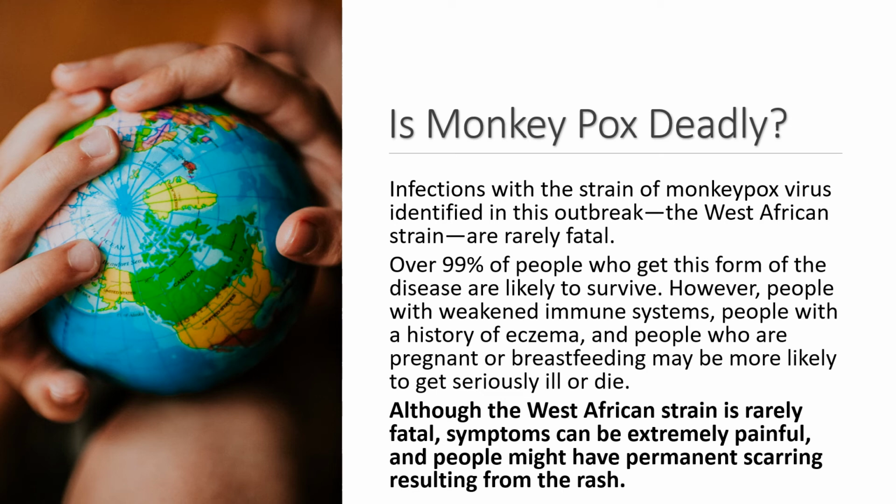Our emergency management procedures must include people with weakened immune systems, people with a history of eczema, and people who are pregnant or breastfeeding, as they may be more likely to get seriously ill or die from these types of diseases. Although the West African strain is rarely fatal, symptoms can be extremely painful, and people might have permanent scarring as a result of the rash.